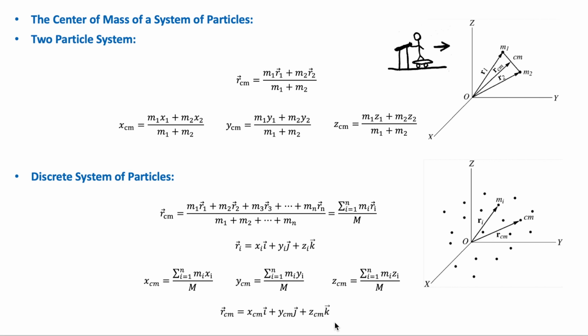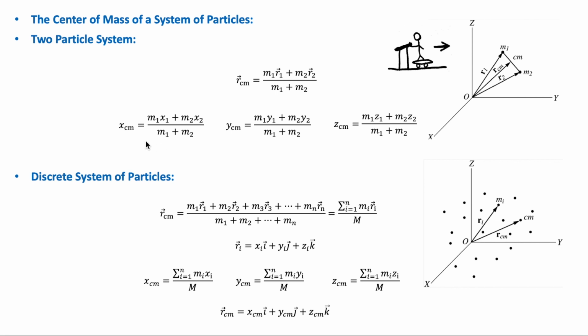So let's consider a simple system consisting of two particles m1 and m2 moving in space, and suppose that their position vectors at a particular instant of time are r1 and r2. Then the center of mass of the system lies somewhere along the line joining the two particles, and its position vector is given by this equation.